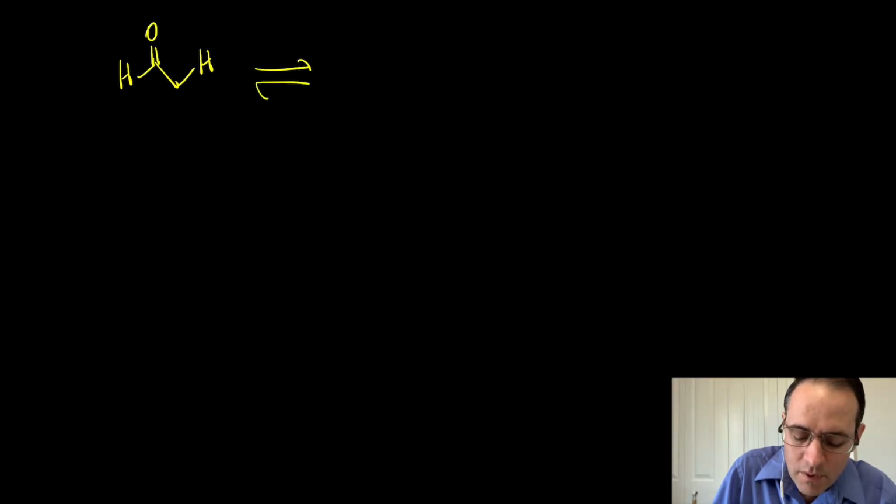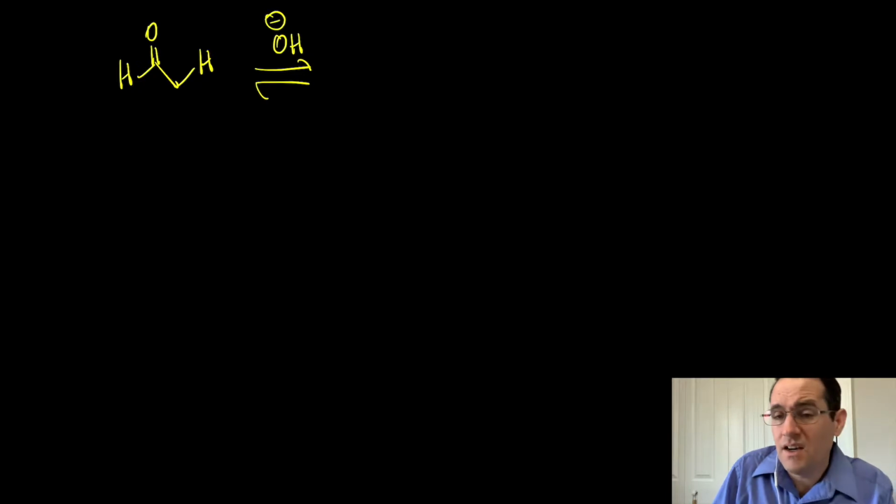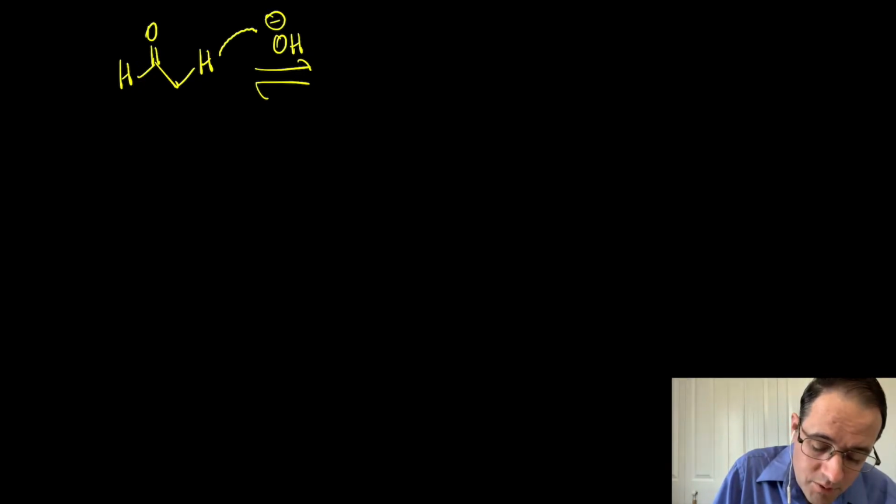The Aldol reaction involves three fundamental steps. Let's take a look at acetaldehyde. What you'll want to do is react this with sodium hydroxide by pulling off the alpha hydrogen, which we have talked about previously.